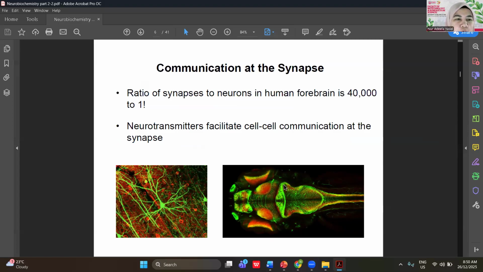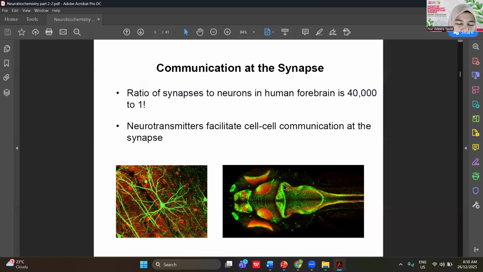Now let's look at the communication at the synapse. The ratio of synapses to neurons in the human brain is 40,000 to 1. So you can imagine how fascinating the process of communication that occurs at the synapse is. It also indicates the high level of connectivity and complexity in neural networks.